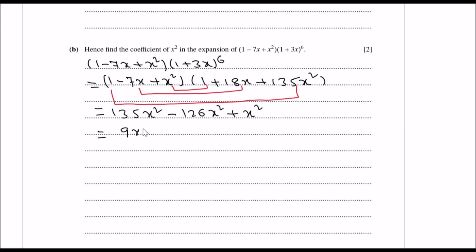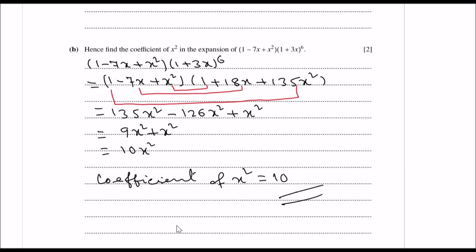So 9x square plus x square, and that gives us 10x square. Now we need to write the coefficient of x square. So we need to mention here coefficient of x square is equal to 10. That's your answer.